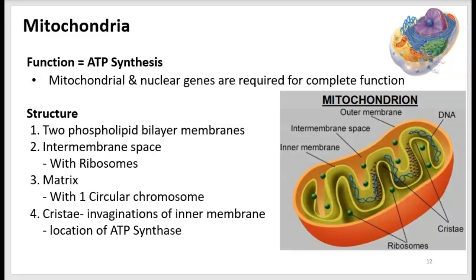Now, the structure of a mitochondrion is unique. It has two phospholipid bilayer membranes. Well, that's a lot like the nucleus. One is called the outer membrane, the other is called the inner membrane, and the space between the two is called the intermembrane space. The innermost space, encapsulated by the inner membrane, is called the matrix.